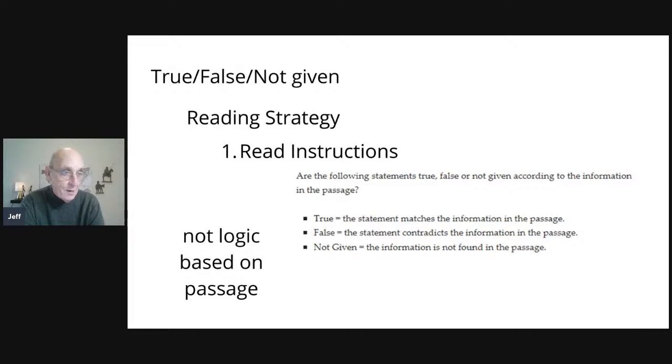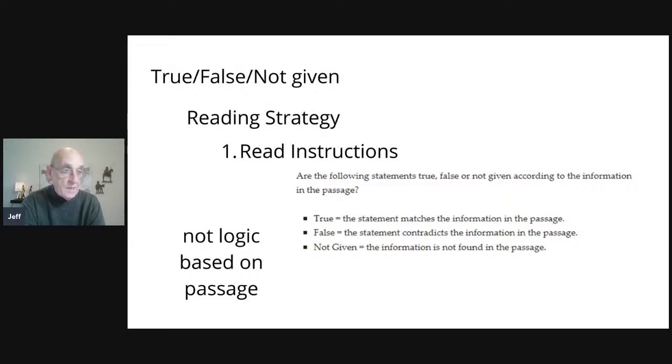And then the third option: if you cannot find anything that confirms it as true, and you cannot find anything that confirms it as false, only then is it not given. So that's what's very important. It's based on information in the passage. For it to be true, you have to find that it absolutely confirms it's true. False absolutely confirms that it's false.